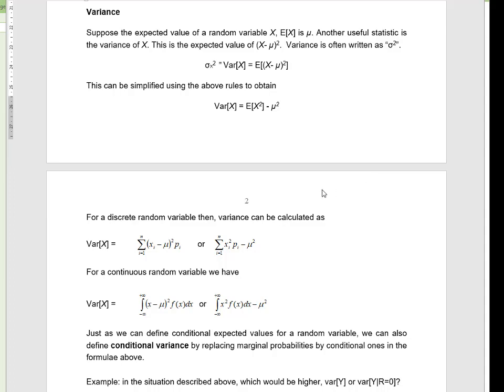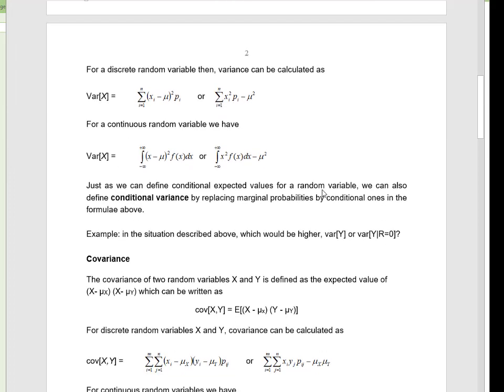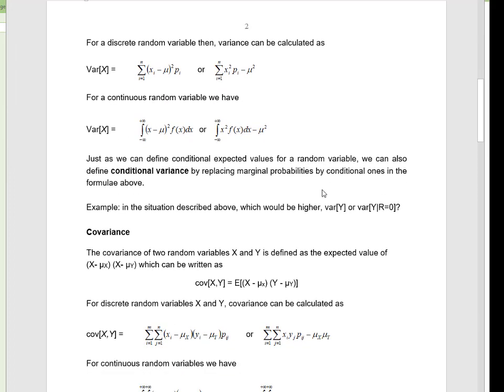So you can apply this because in a particular case, if it's a discrete random variable with a list of values, you'd calculate it like this, because this is the expected value of x minus mu. So that's using the original definition.